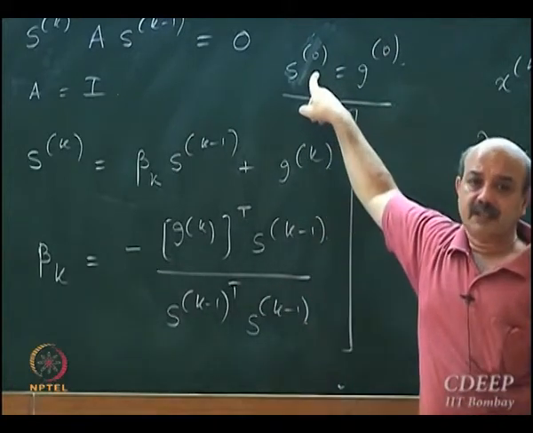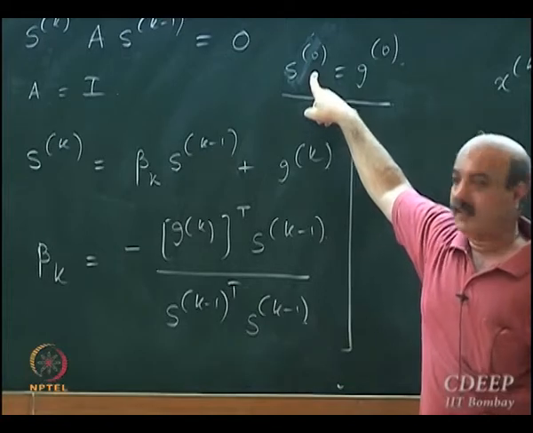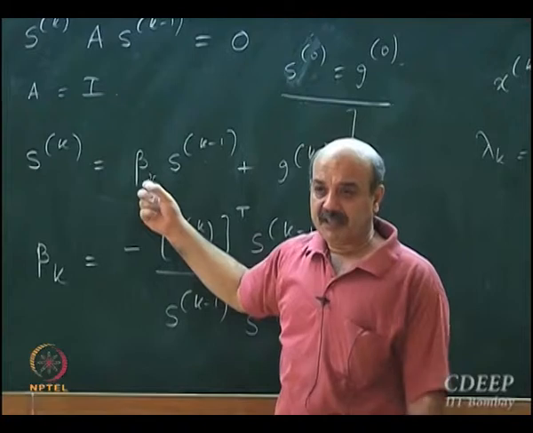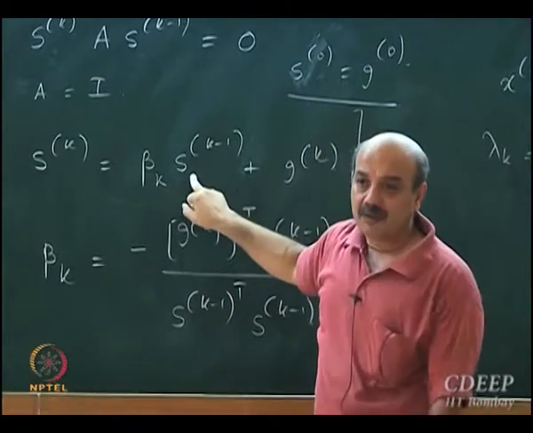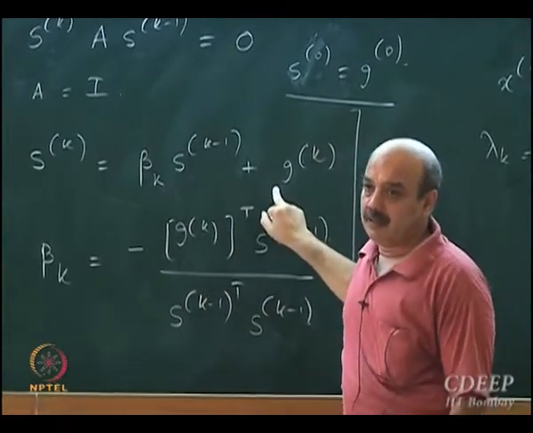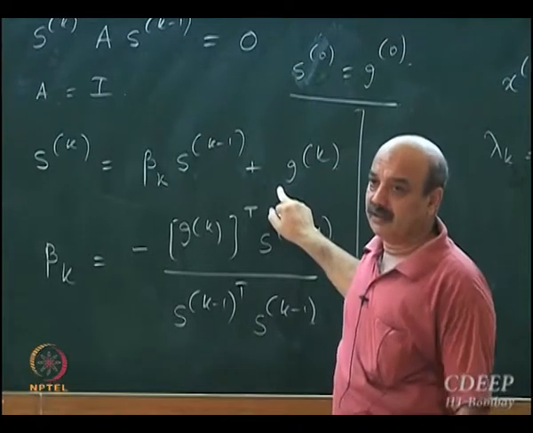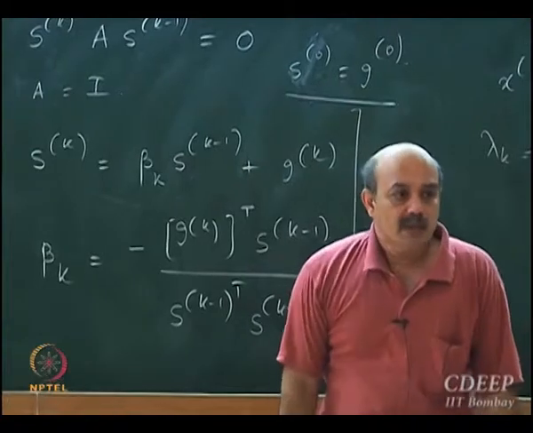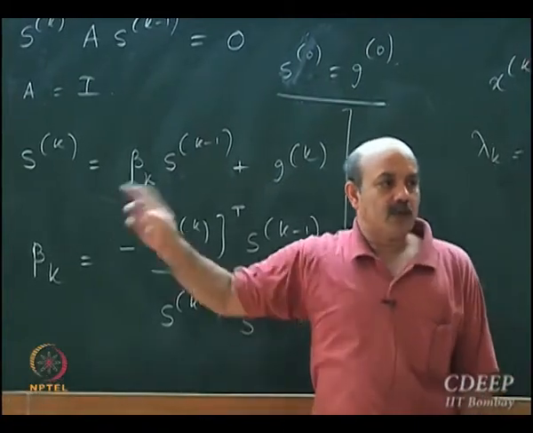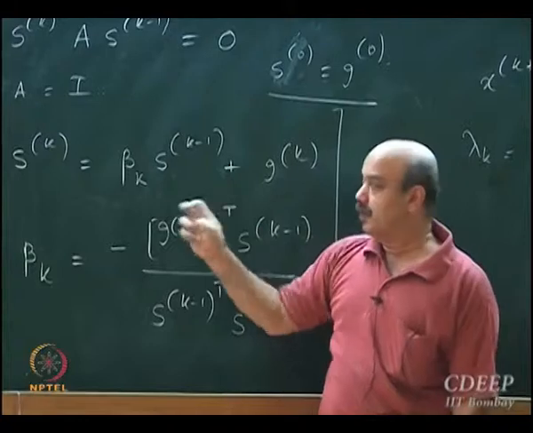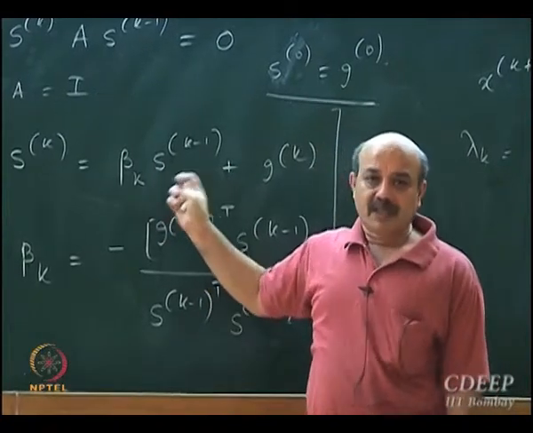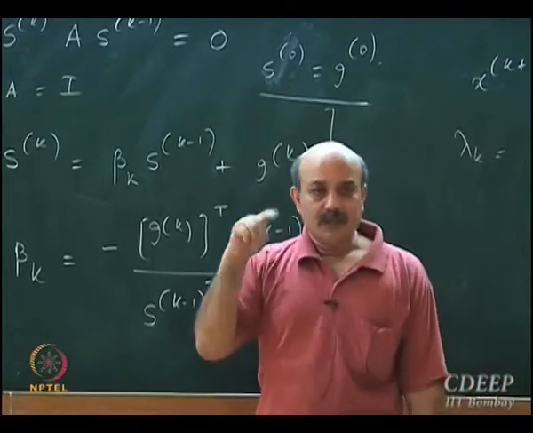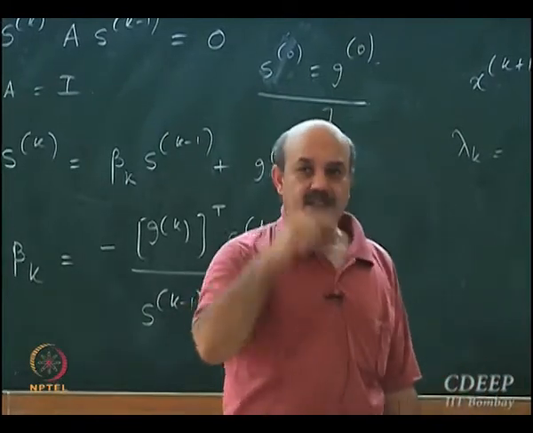The first direction is same as the gradient direction. Next time, S1 is beta 1 G0 plus G1, so a linear combination of G0 and G1. When you go to S2, it will be a linear combination of G0, G1, G2, because S1 is a linear combination of G0, G1.